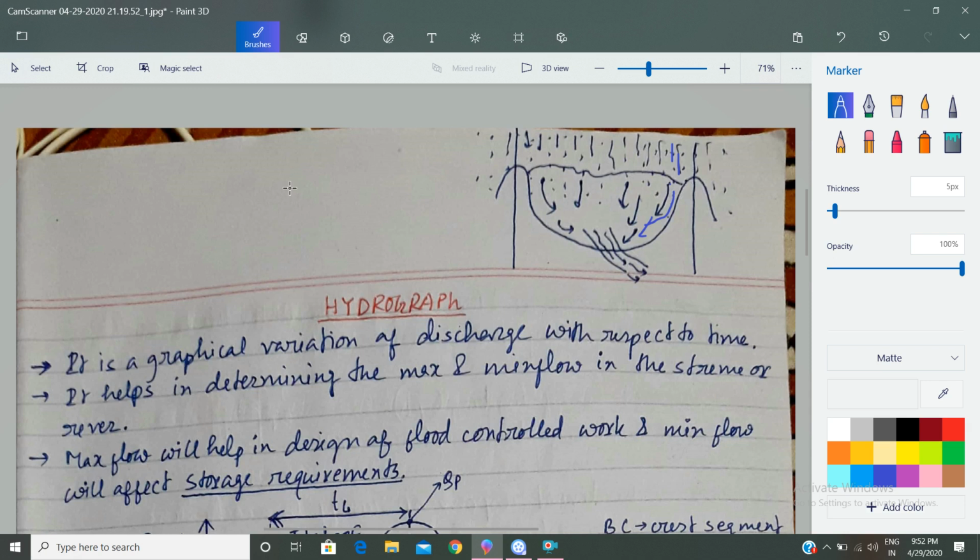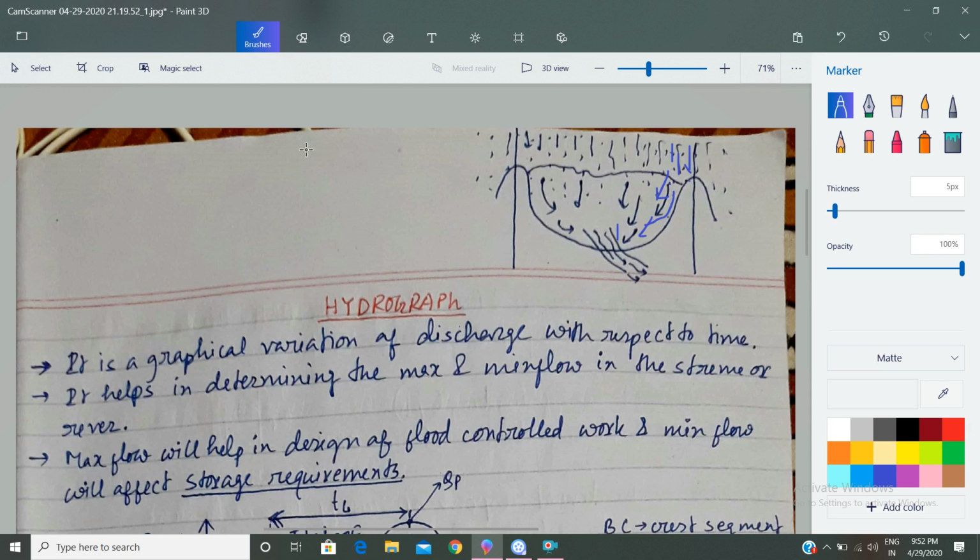So even if the precipitation occurred for 2 hours, it may happen that the drop of water which contributed at the last point of the catchment will contribute to the stream after 5 to 6 hours.